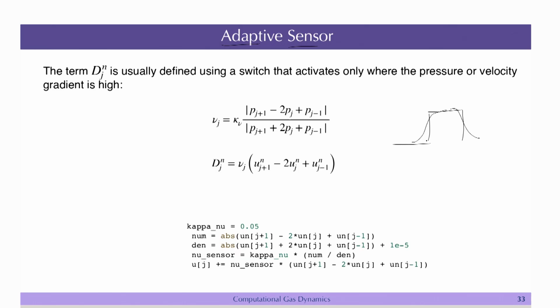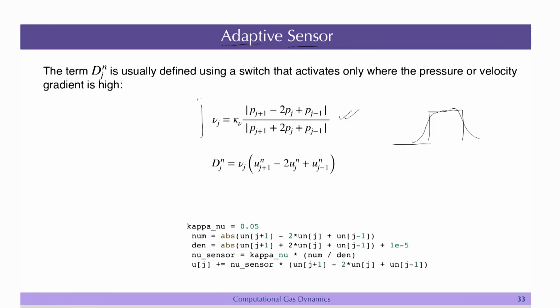So the shock that you want to predict, the strength of the shock or the location of the shock, both will have a lot of diffusion or dissipation because of the sensor that you are using. So what is typically preferred in the literature, when you add smoothing in these schemes, is that you just look for where the shock is. You can use some kind of gradient of the pressure.